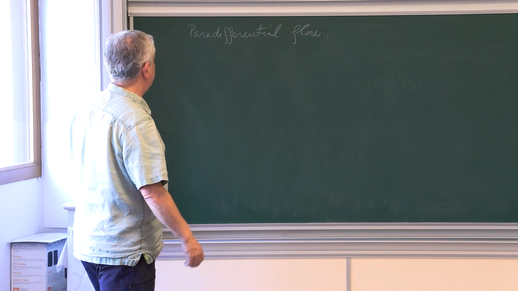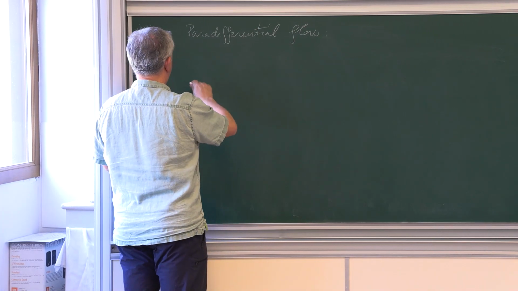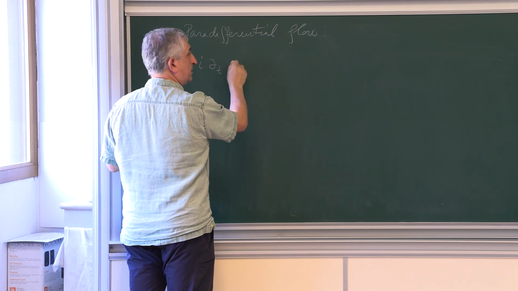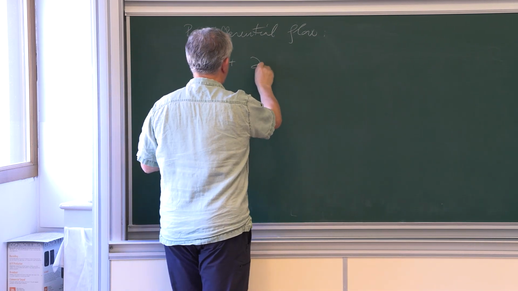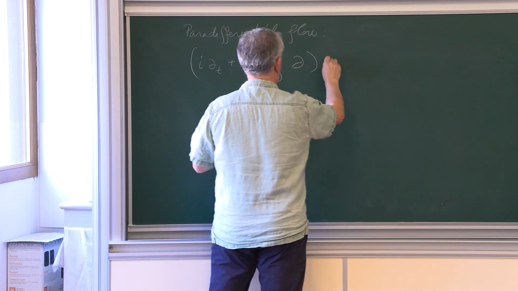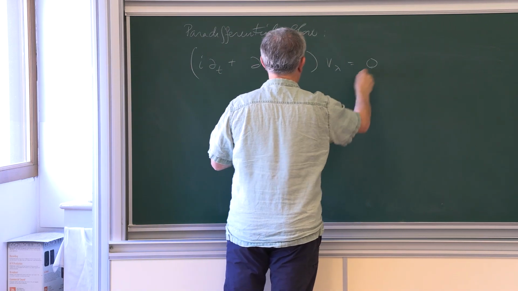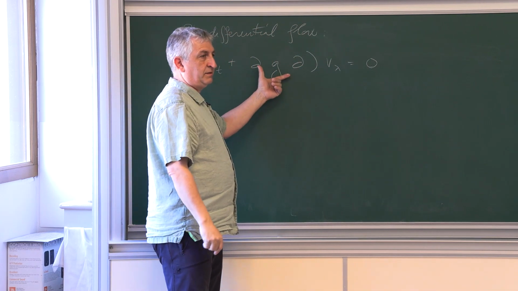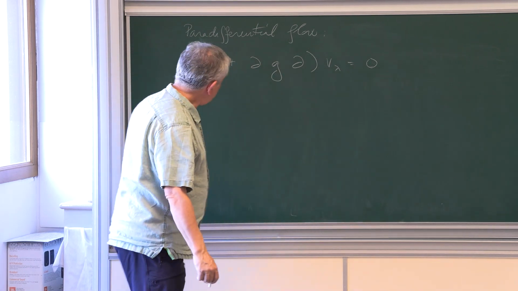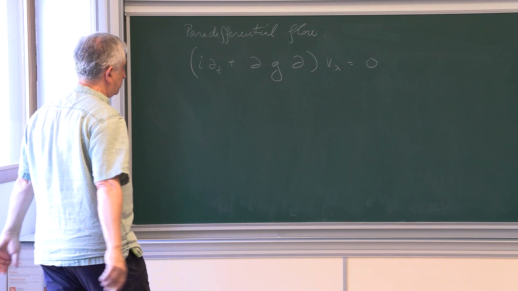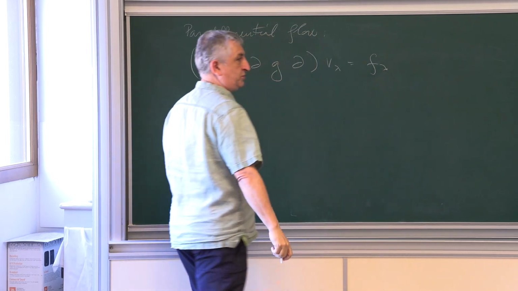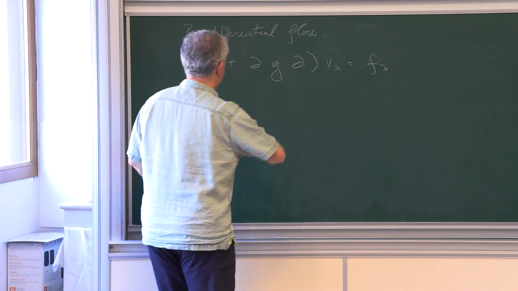So now we're looking at the flow for a function v, which is localized at some frequency lambda, i dt plus, I'm writing this in a self-adjoint way, just so that it has better energy estimates. Maybe importantly, we want to allow for a source term in here.